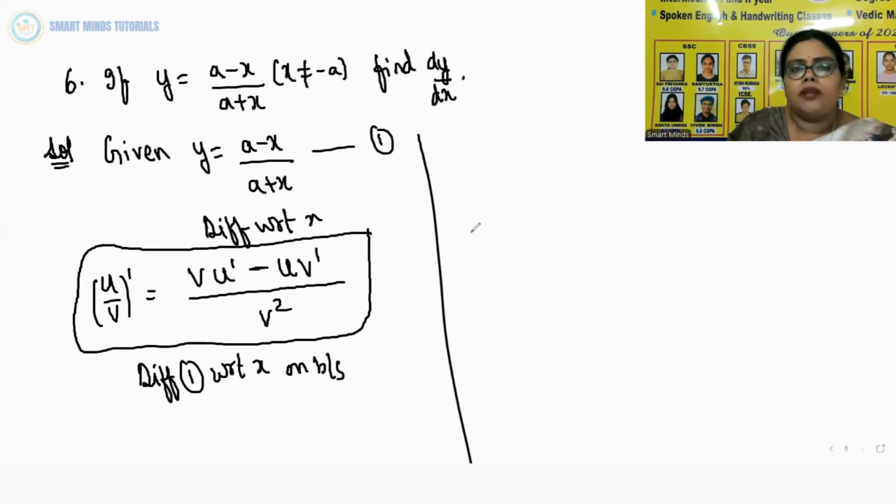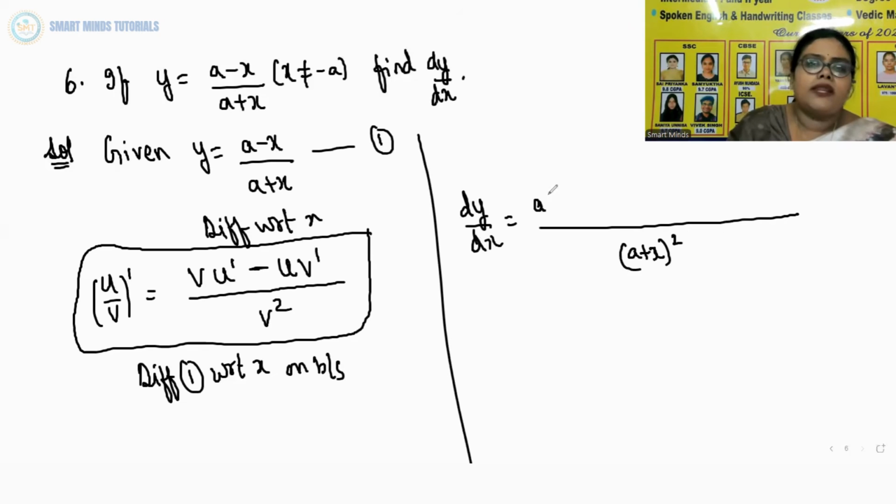So dy by dx is equal to, now you see, denominator we are writing a plus x whole square. Now denominator we write as it is, numerator we differentiate. What is derivative of a minus x? Derivative of a is 0 minus derivative of x is 1.